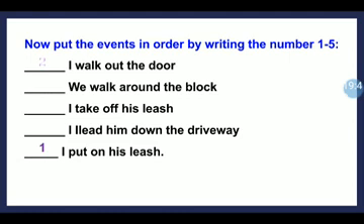Second thing is I walk out the door. Very good so far. What was the third thing you did? Let's see if you are correct. So the third thing is I led him down the driveway.